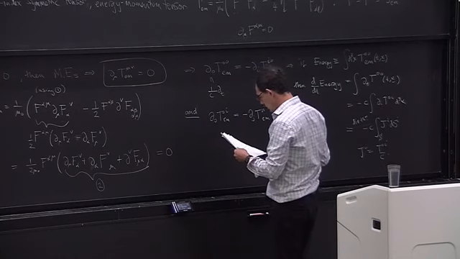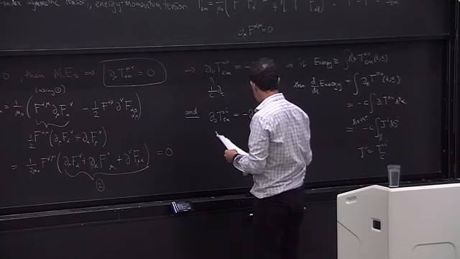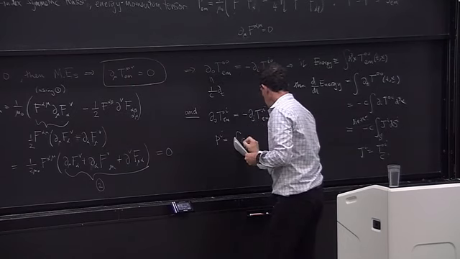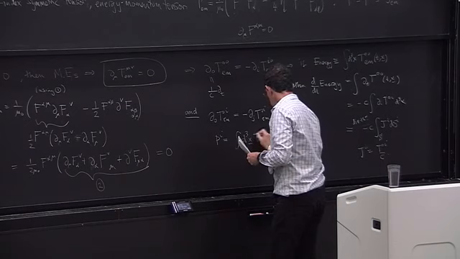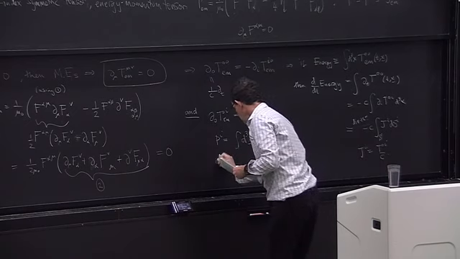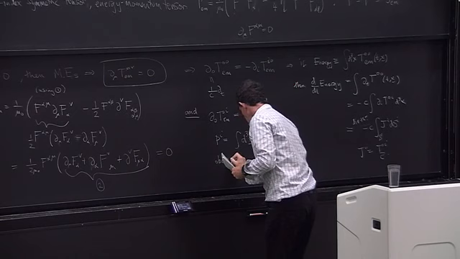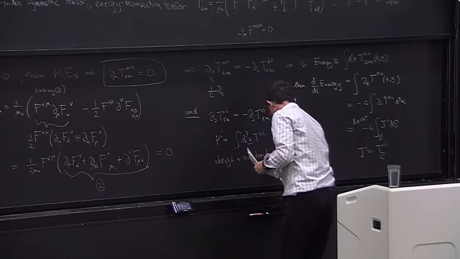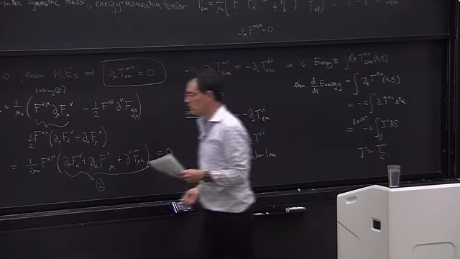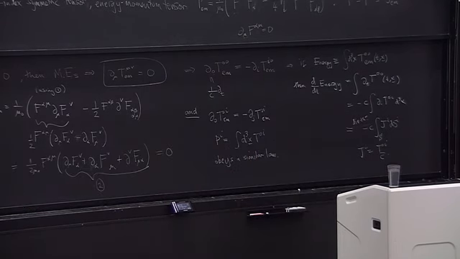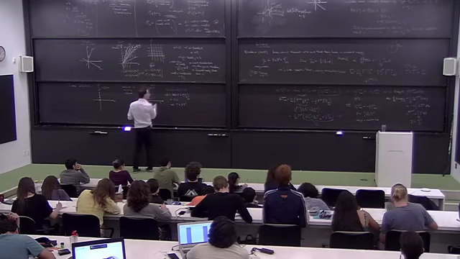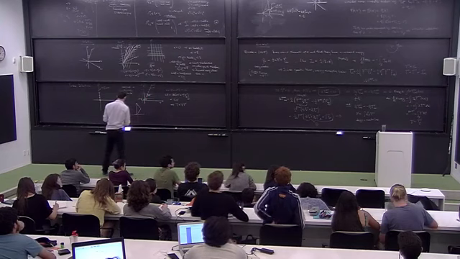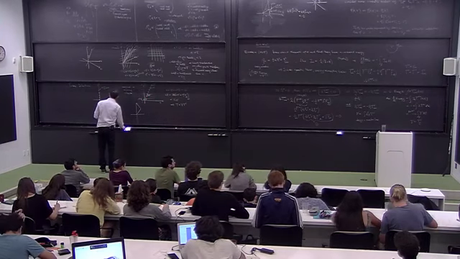And so similarly, you can see that pI is equal to the integral d3x T naught I obeys a similar law. And so from this, you basically get expressions for the energy and the momentum in an electromagnetic field.